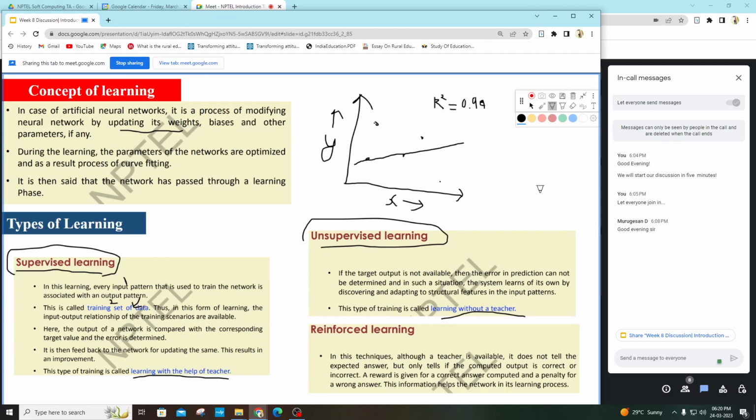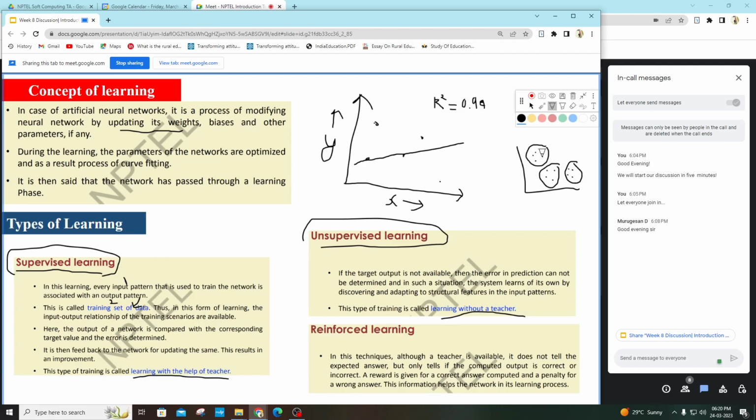That is how you learn things. Here you are getting one cluster, similarly here another cluster. So your neural network or your brain will form three clusters: this is the first cluster, this is the second cluster, and this is the third cluster, based on the distance between the points.